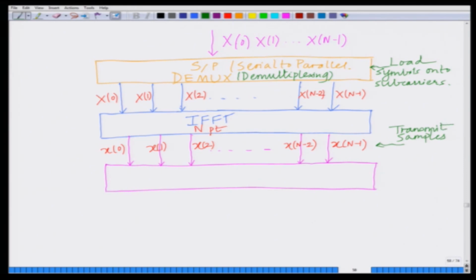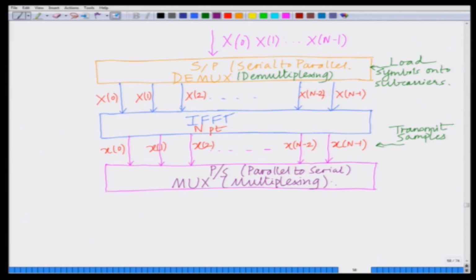Now, these are again converted back to a serial stream, that is a P by S. You use a parallel to serial converter, and this operation is the inverse of the demultiplexing operation, also known as a multiplexing operation.